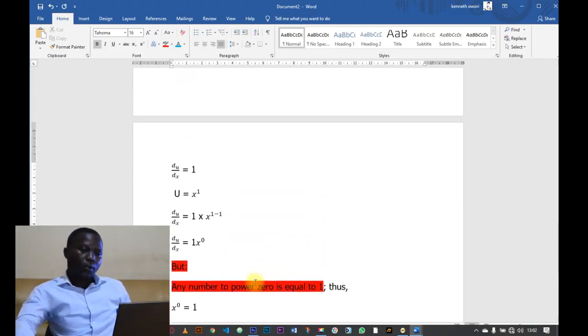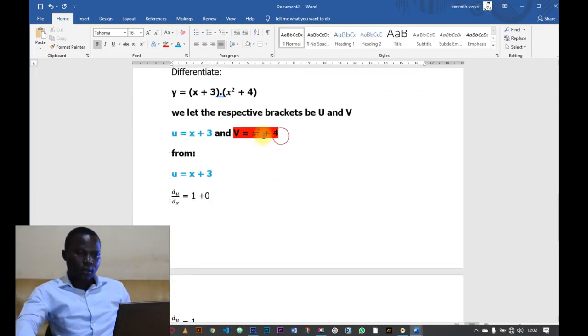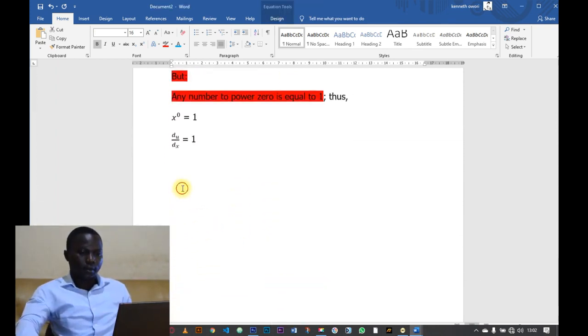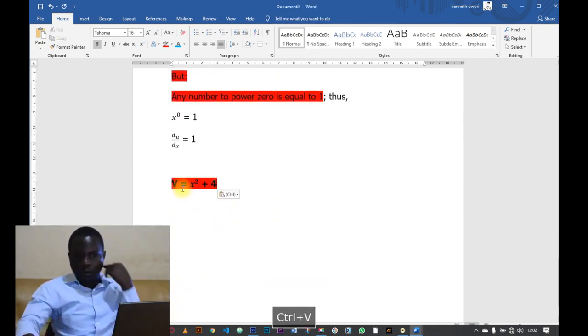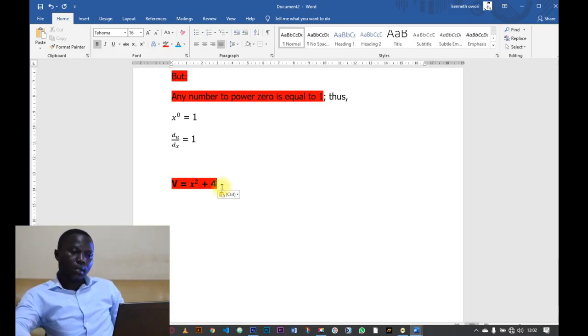So now if we continue from v, remember v is equal to x power 2 plus 4. We also need to find the derivative of v by differentiating v with respect to x.